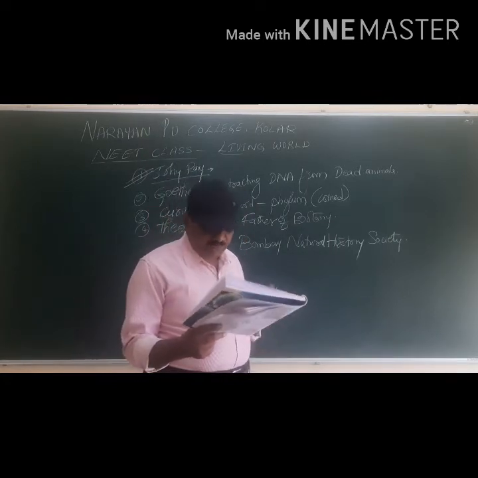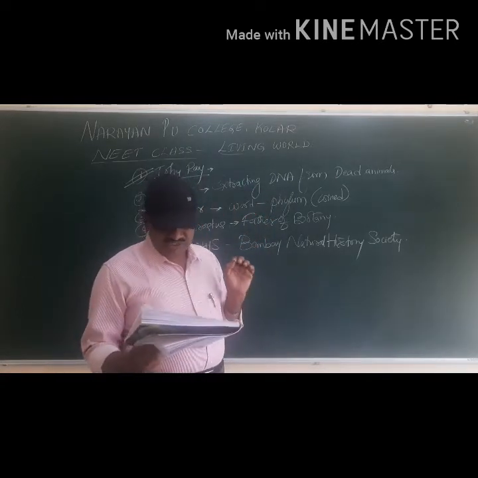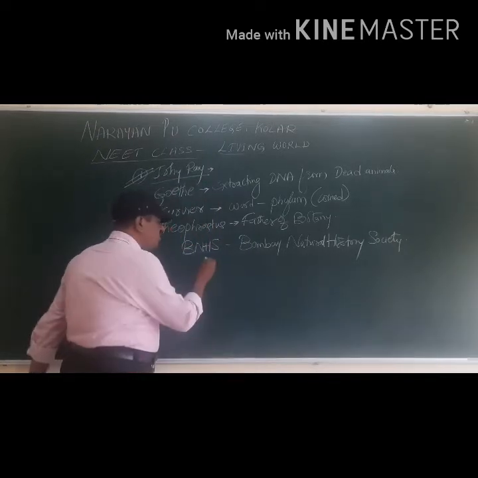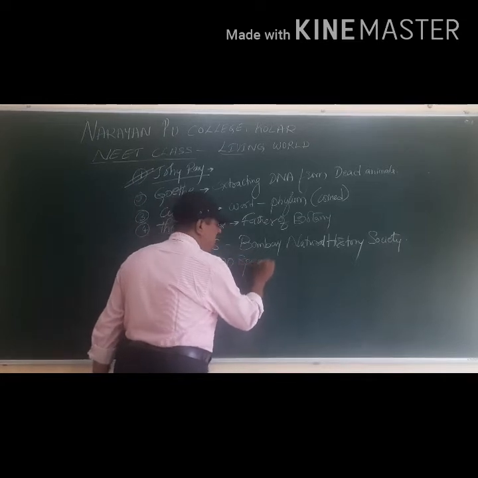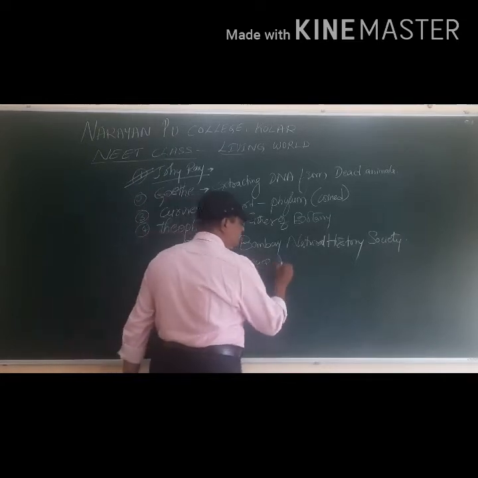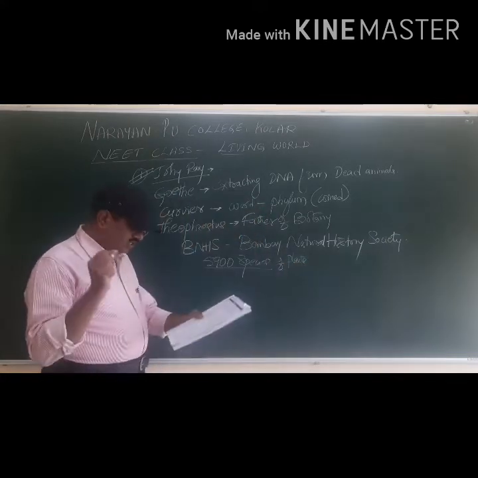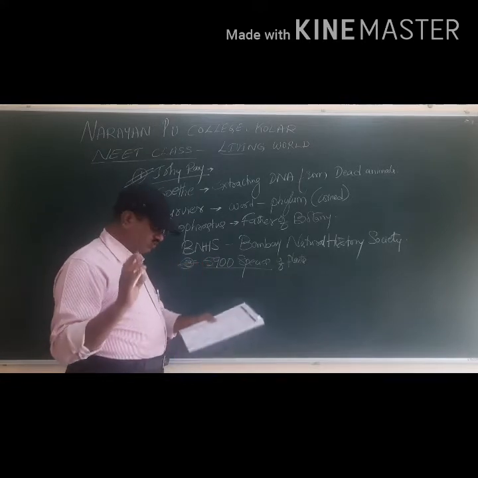Species Plantarum is written by Carolus Linnaeus. In this book there is a presence of 5900 species of plants. So here the third option is right.